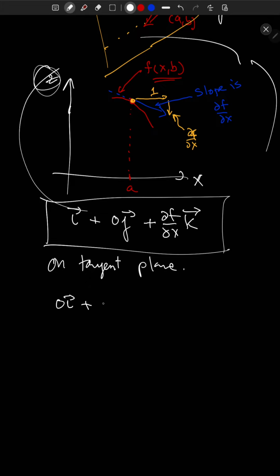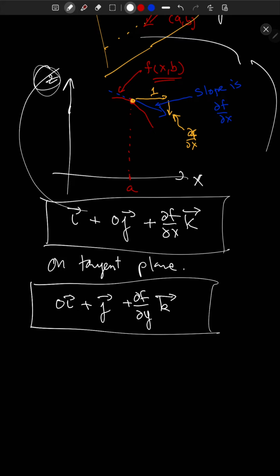So it's going to be plus 1j plus df dy k. If we do this kind of steps thing, it keeps us on our line.